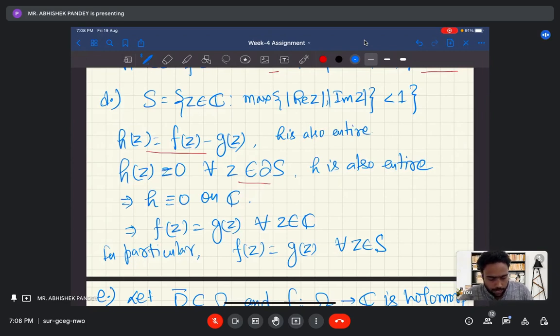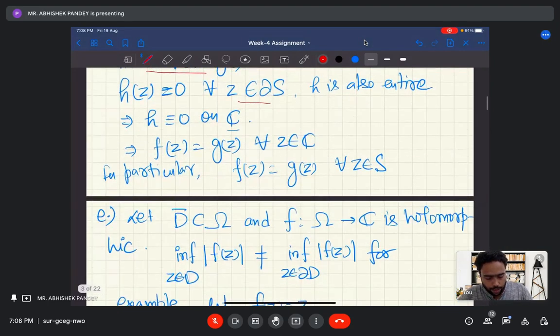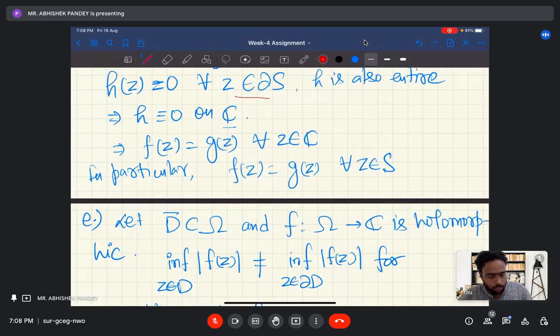Since h is identically equal to 0 on the boundary, h is identically equal to 0 on C, because the boundary has a limit point in C. So in particular, f(z) equals g(z) for all z in C. Thus f(z) equals g(z) for all z in S. Is it clear to everyone? Someone please respond.